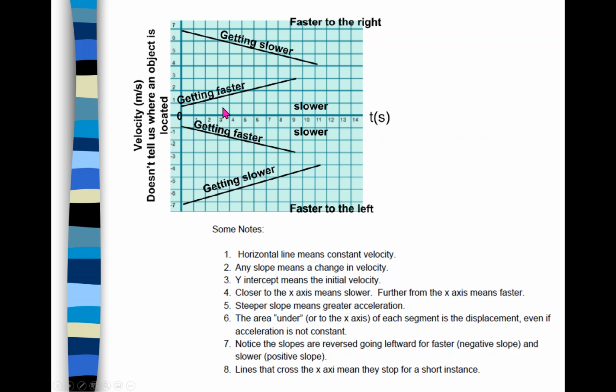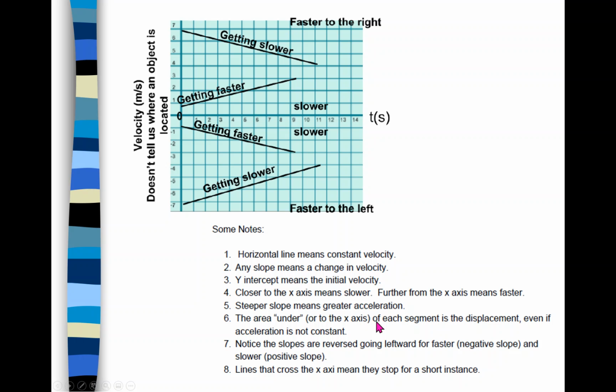Getting farther and farther away from the horizontal axis means you are going faster, whether it's in the upward direction or the downward direction from the horizontal axis. Let's see, what else? A steeper slope on a velocity time graph means greater acceleration. The area under or to the x-axis, the horizontal axis, of each segment is the displacement.